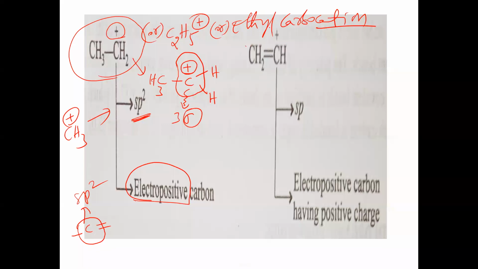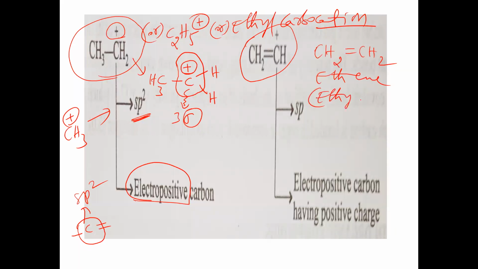Now come to this one. In this example, we know that CH2 double bond CH2 is ethene, the IUPAC name, and the common name is ethylene.